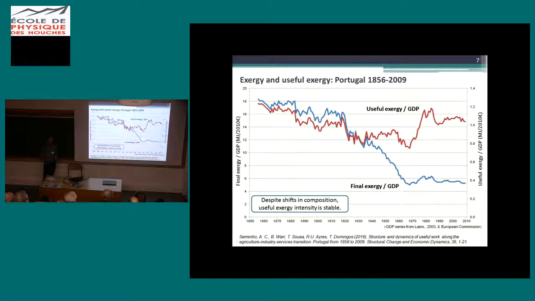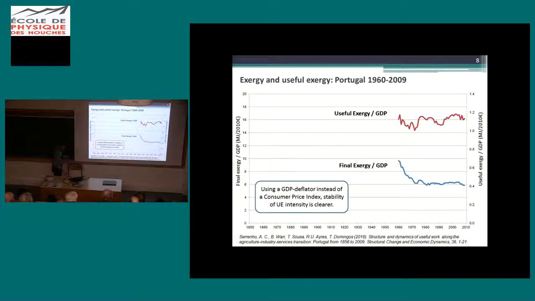Despite that, he found that the useful exergy intensity over this time period is surprisingly stable. It's almost always approximately 1 unit of output, economic output, corresponds to 1 unit of useful exergy consumed. This is not verified when you look at other energy metrics, such as final exergy, for example, which has decreased substantially in the same time period due to advances in efficiency.